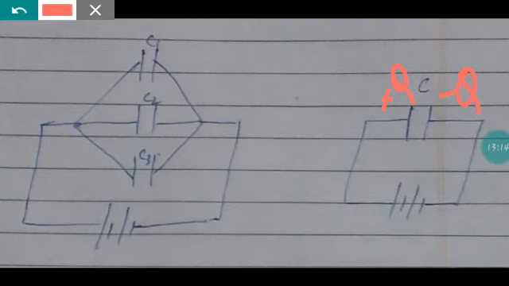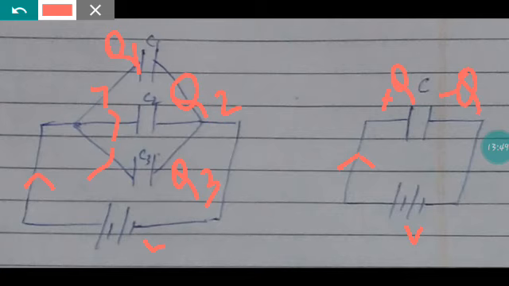The current that will flow through this battery for the equivalent capacitor is the same for this also. The same current will pass, but it has divided into three parts, and the charge that will be generated on these three capacitors will not be the same. Suppose one has Q1, the second will have Q2 and the third one will have Q3. On one plate it will be plus Q1 and on the other plate minus Q1.